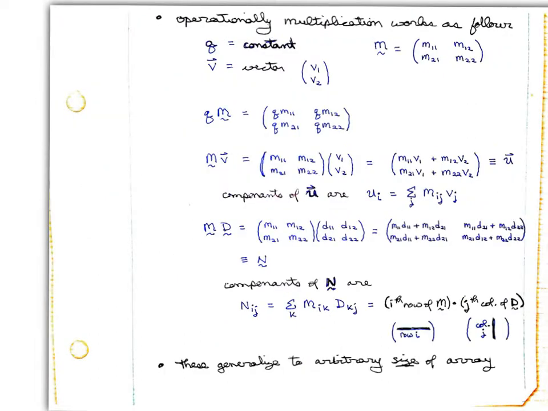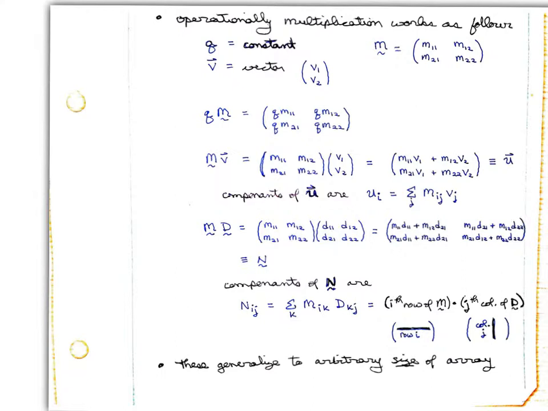Here, let's multiply our matrix by a vector. So I write out what I'm going to do in order to multiply. Operationally, it's as though I pick this vector V up, twist it so that the element V1 aligns with M11 and the element V2 aligns with M12.